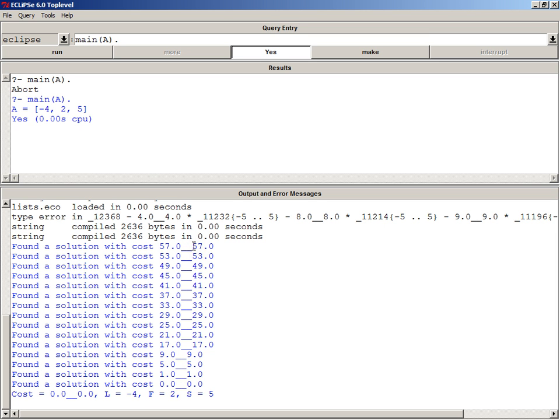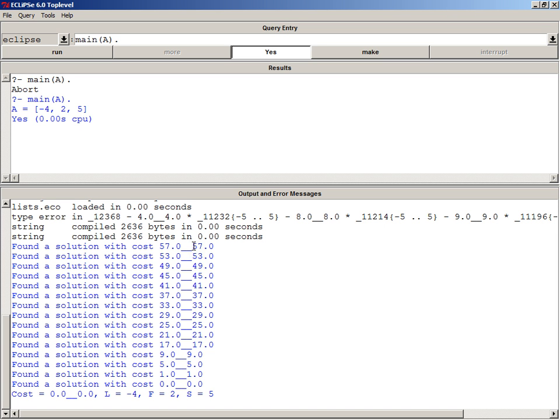It is a solution with a value of 57. And you see 57 between two values because what they compute is actually an interval. In general, the interval cannot be guaranteed to be a singleton, but in this case, it just happens to be, especially because all values are integers.